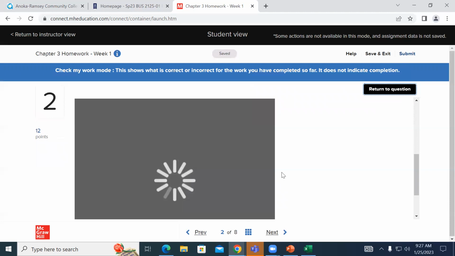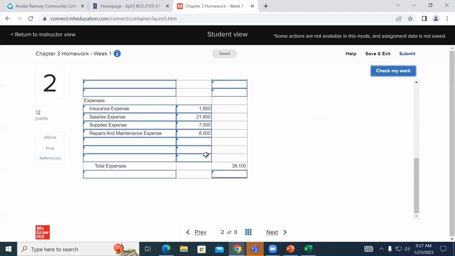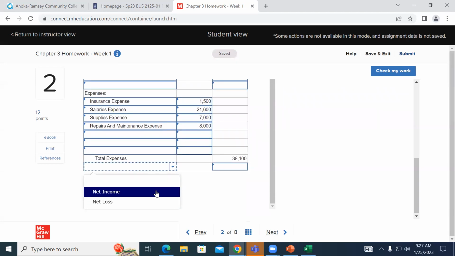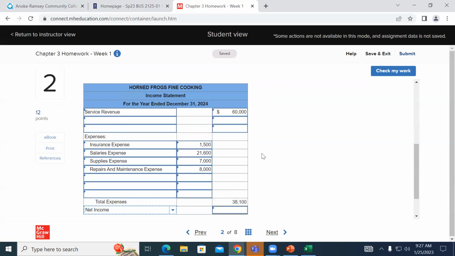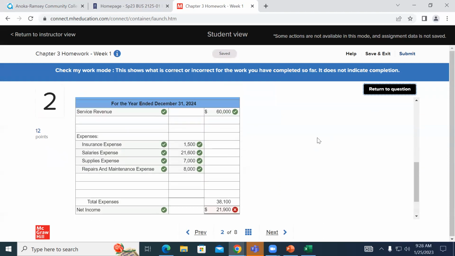Shouldn't our net income be? So our net income, what's the difference from 60 to 38.1? 21.9? Nope, I'm wrong.